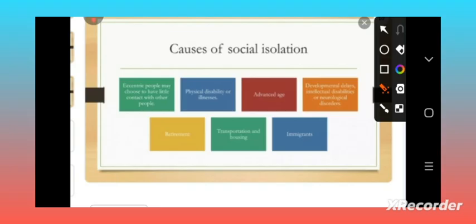Developmental delays, cognitive disorders or neurological conditions. This can affect a person's ability to communicate or interact in society. Retirement: loss of the daily social structure and contact provided by the workplace.